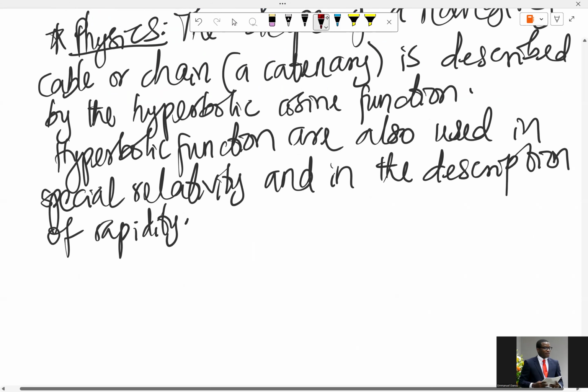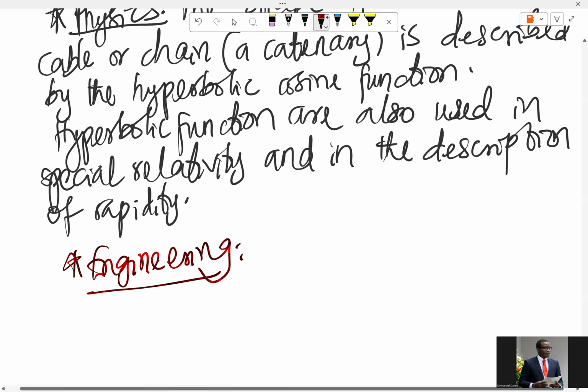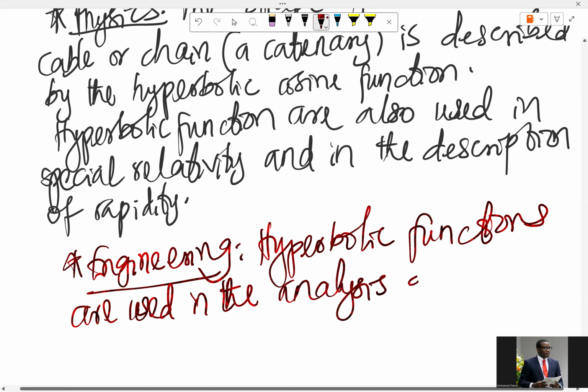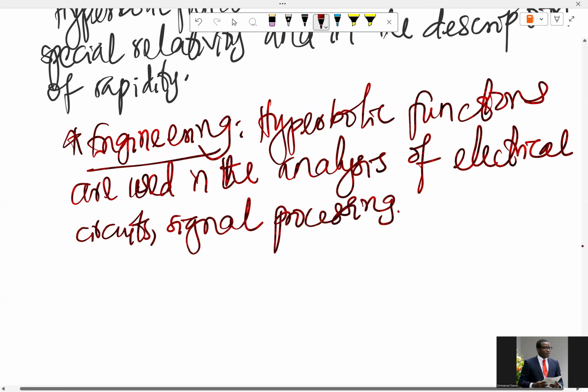So let's move to engineering. For engineering now, hyperbolic functions are used in the analysis of electrical circuits, signal processing, and control theory.